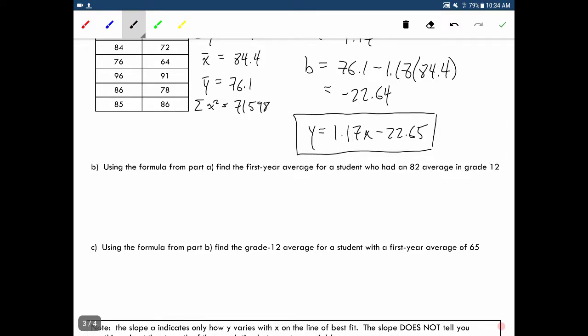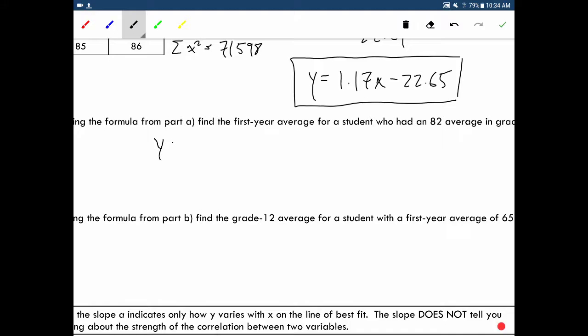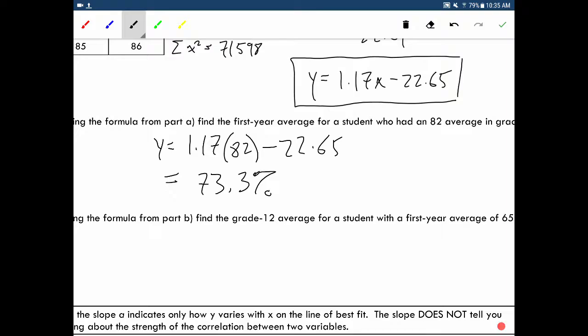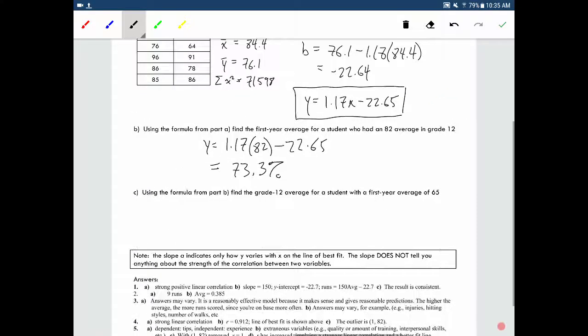So using the formula, let's see, if we had 82 in grade 12, so let's say y equals 1.17 times 82 minus 22.65. So that would give us 73.3%. Okay, which these are the same numbers we did on the last one. And we'd come up with 74, so we were pretty close. We're only off by a little bit.